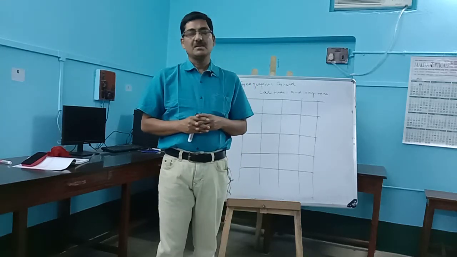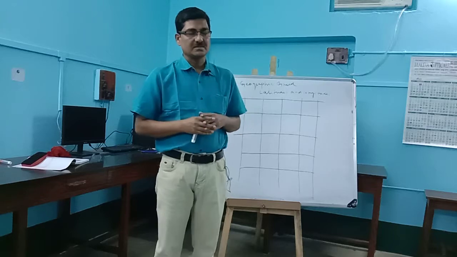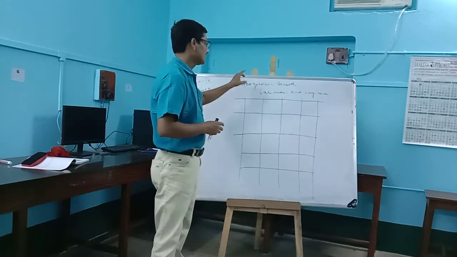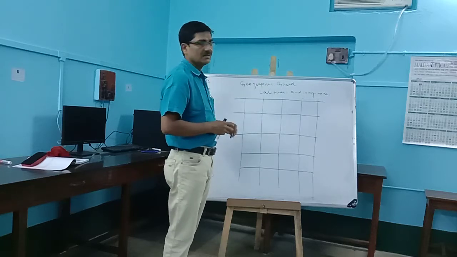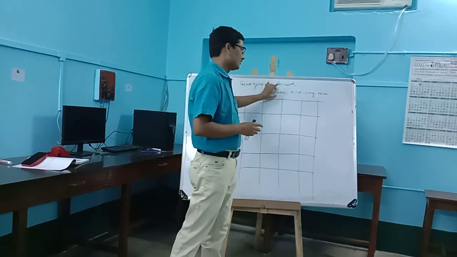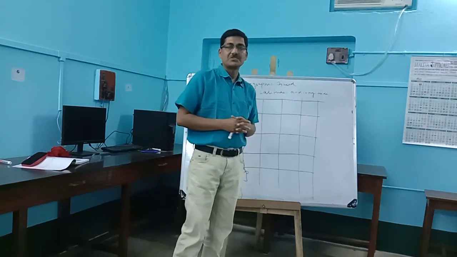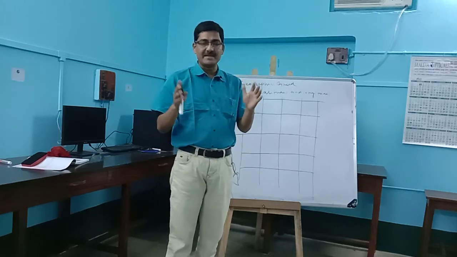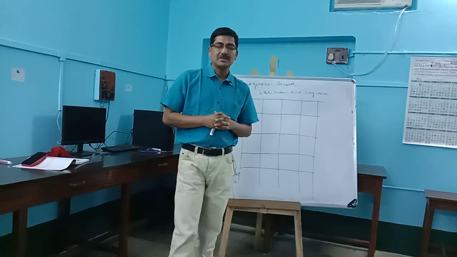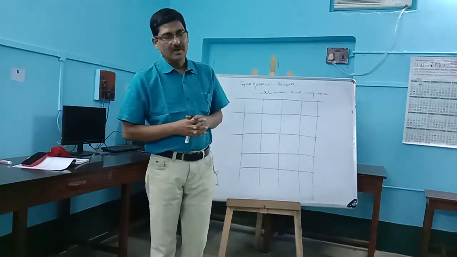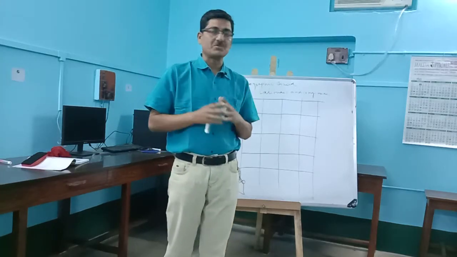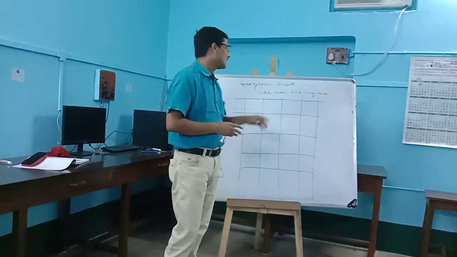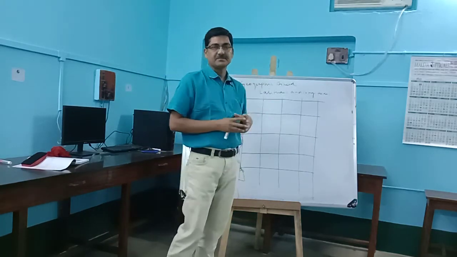Today, I am going to discuss the next chapter of your geography, that is geography grid, lines of latitudes, and lines of longitudes. Before we discuss in detail the lines of latitudes and the lines of longitudes, let me tell you what we mean by the term geographic grid.